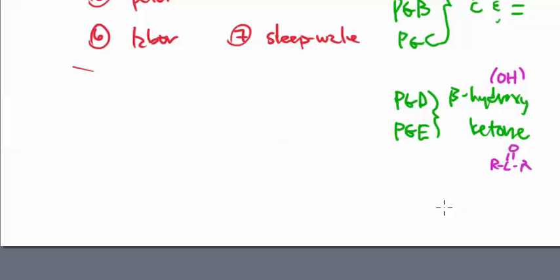And then finally PGFs, right? A, B, C, D, E, F. PGFs are what we call 1,3-diols. And 1,3-diols, di means two, ol means OH. So again, hopefully I don't have to spell that out for you, but that means two OH groups.